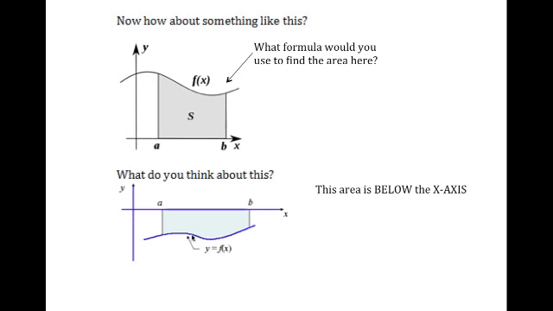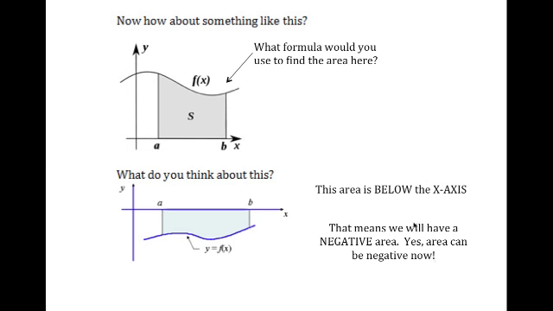The thing I want you to worry about here is that this area is below the x-axis. That's kind of strange. In calculus, we usually can't have negative values for quantities like area, but now you can. Whenever you have area below the x-axis, that means you will have a negative area. Yes, area can be negative in this section. It's just something you'll have to get used to.